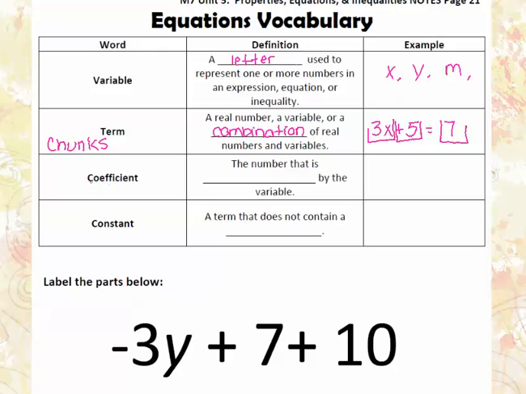The coefficient, the CO here, just like when we were doing properties, the co and commutative meant change order. When we're working with the vocabulary, a coefficient is a coworker to the variable.